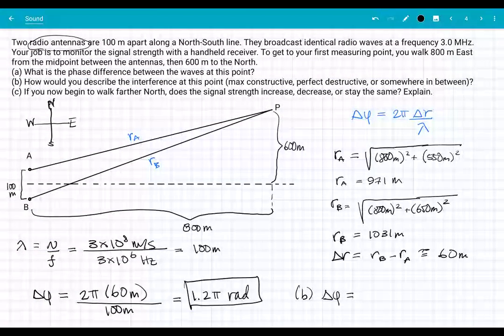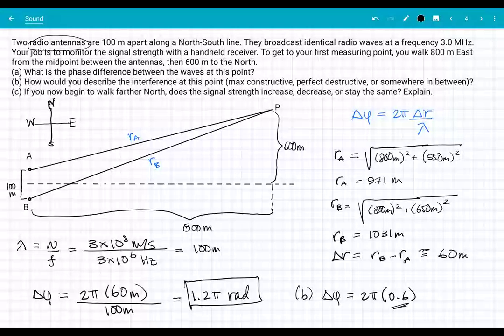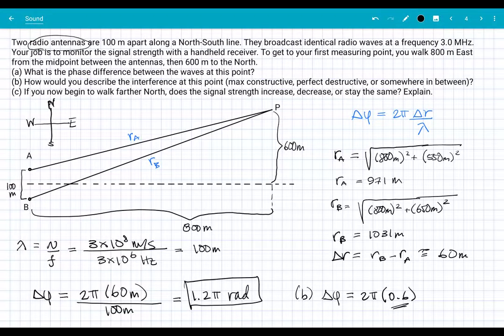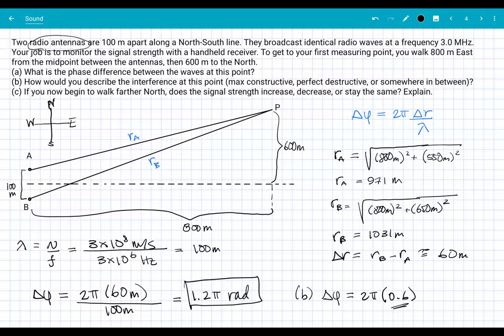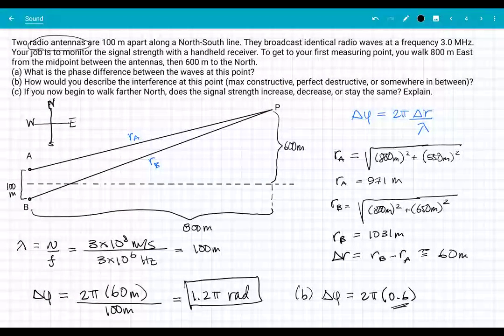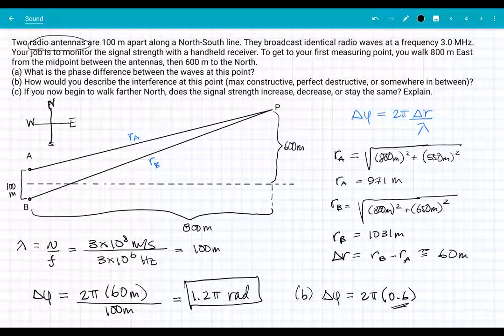So that's actually 2 pi times 0.6. And this 0.6 tells me that we're somewhere in between constructive and destructive. We're neither an odd multiple of half a wavelength, nor are we exactly a wavelength. So we don't have constructive, we don't have destructive. We're somewhere in between, that 0.6 of a cycle there.